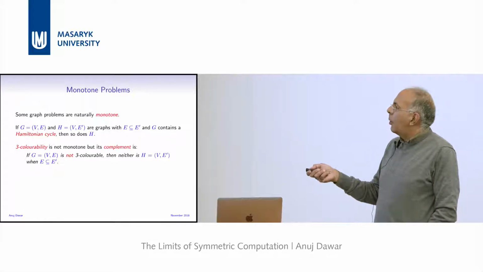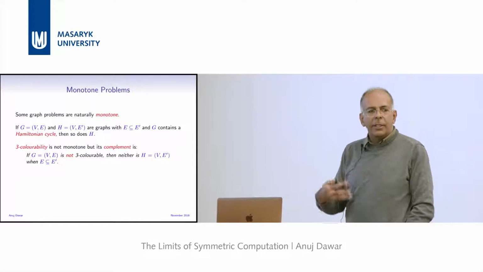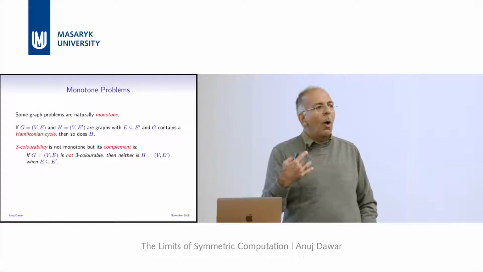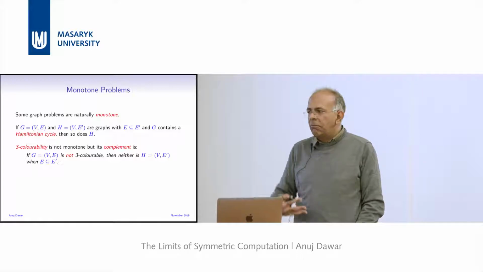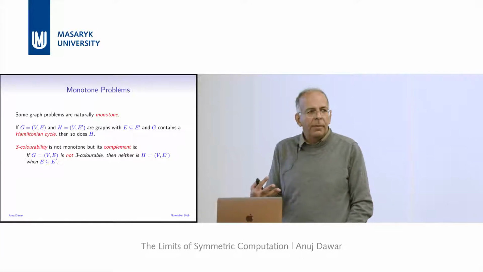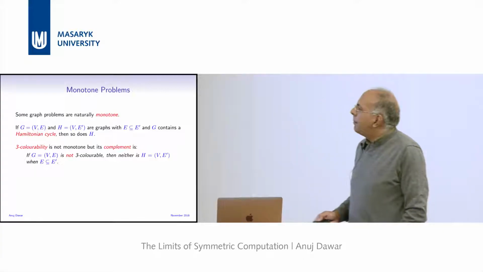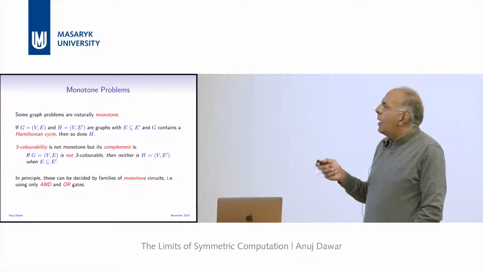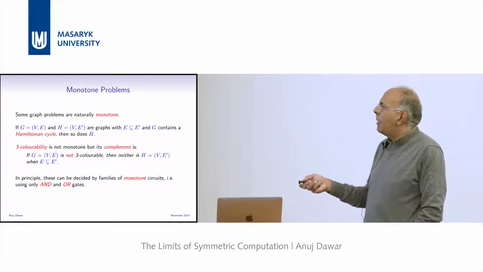Three-colorability is not monotone. A graph may be three-colorable, I add edges, and it stops being three-colorable. But its complement is monotone. If a graph is not three-colorable and I add edges, it's still not three-colorable. Now, because they're monotone, in principle they can be decided by families of monotone circuits.